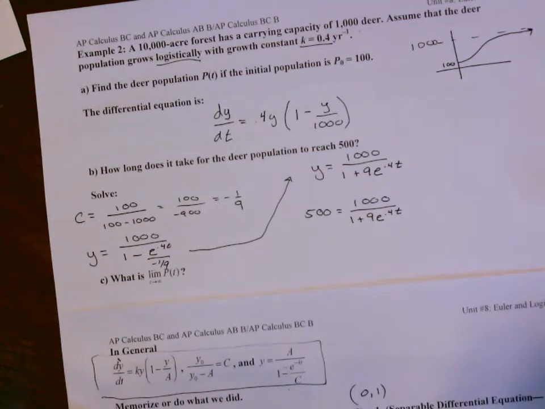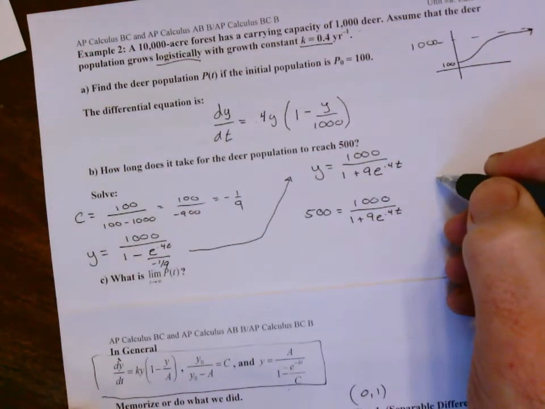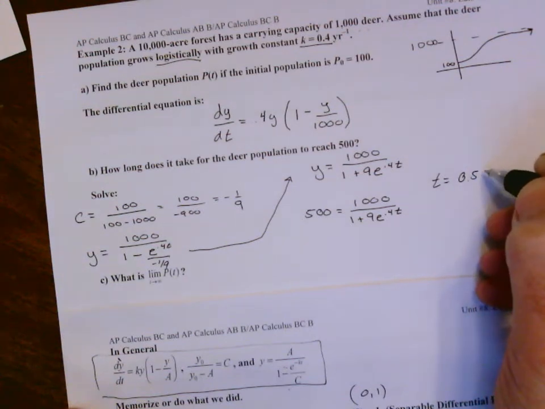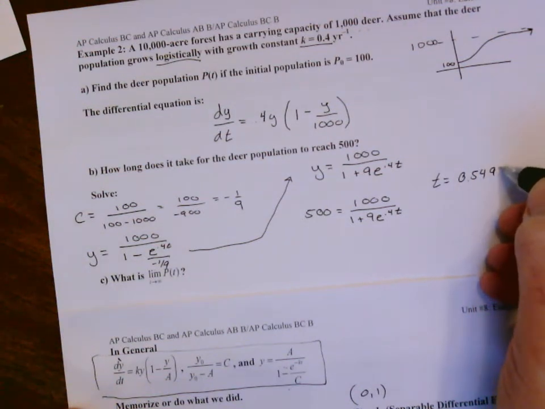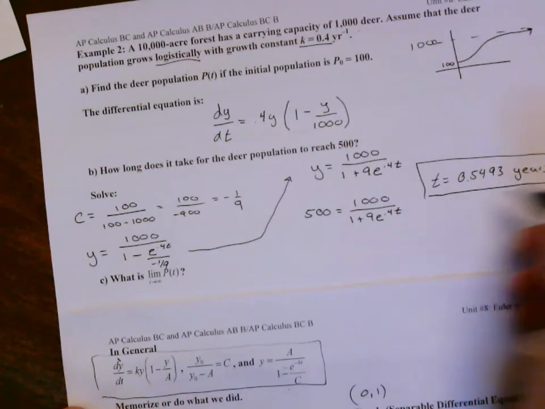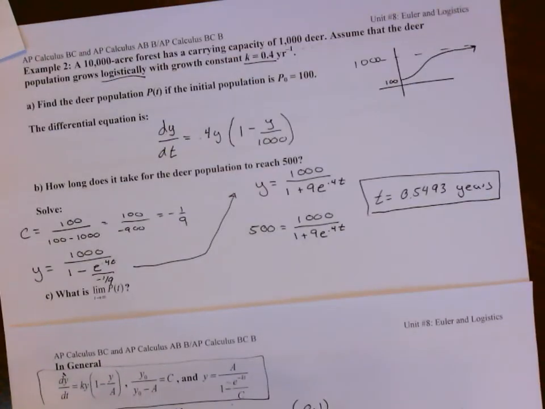Make sure that you do know how to do this. When you do this, you get t is equal to 0.5493 years. Notice that I went past the 3 decimals just to make sure that it's accurate, which is totally fine.